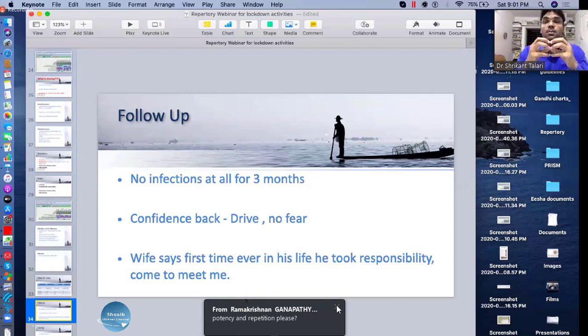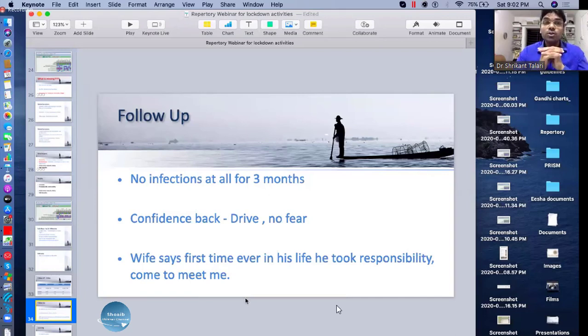If we can combine both these together, along with pathology, along with toxicology, everything, that's it. That's how we need to repertorize. That's how we need to convert patient's language into rubric language.